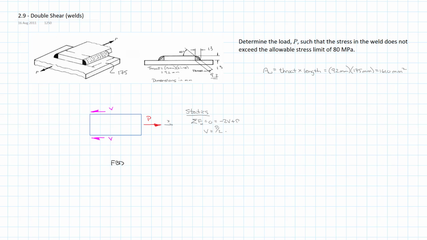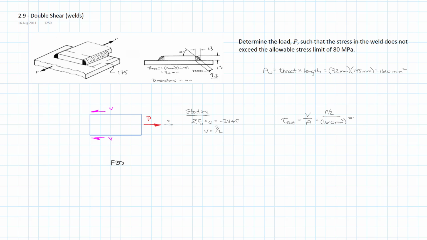We know that what we want to do is limit our average shear stress. So tau average, which we know is the shear force V divided by the area, is equal to P over 2, which we already calculated for V, over an area of 1610 millimeters squared.